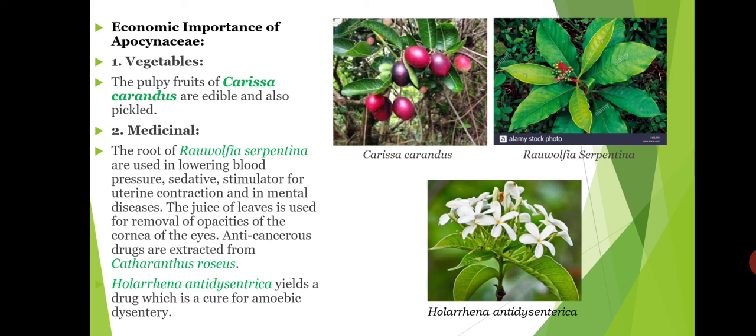Anti-cancerous drugs are extracted from Catharanthus roseus. The photos were already exhibited in previous slides, that's why it is not attached here. Catharanthus roseus yields vincristine and vinblastine, 2 alkaloids which are used in treatment of cancer.